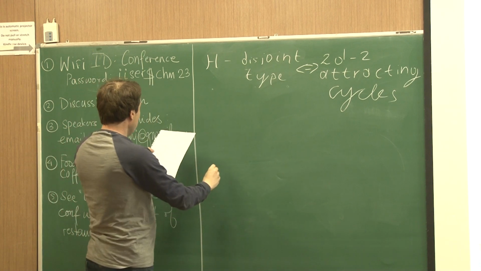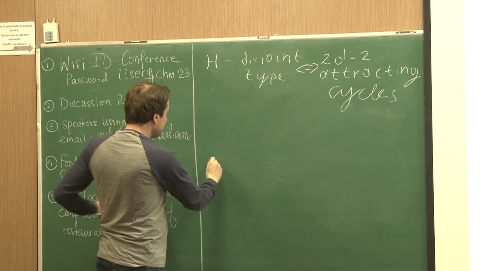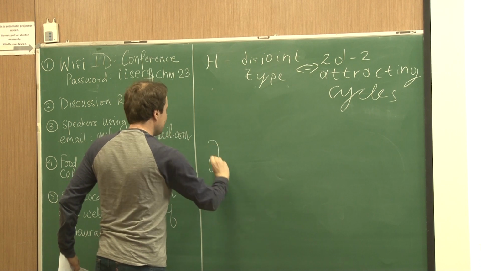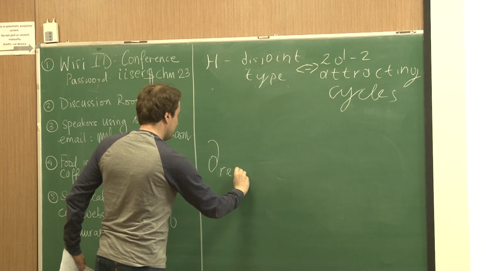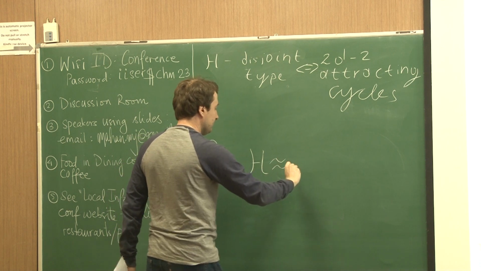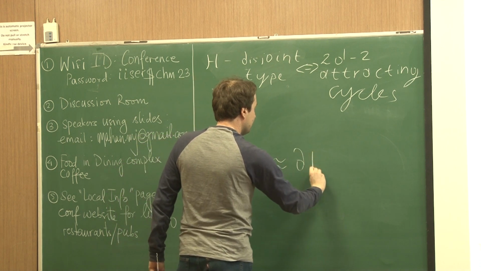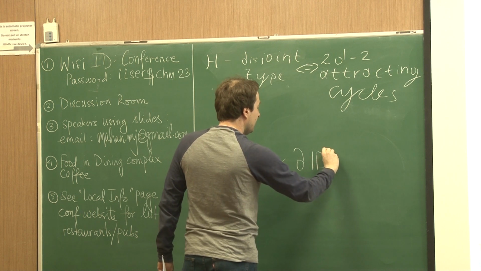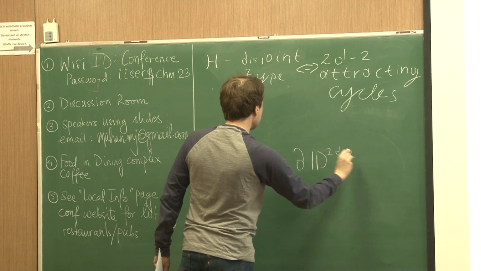What we would like to say is that in this case the nice boundary is approximately the boundary of the disk to the power 2d minus 2.